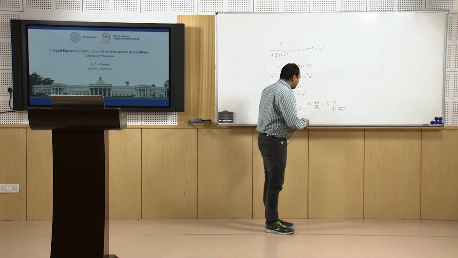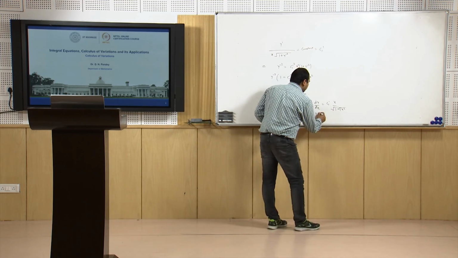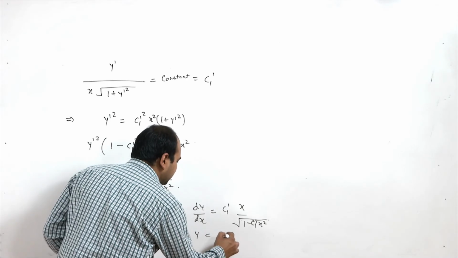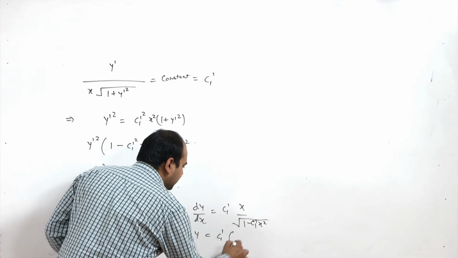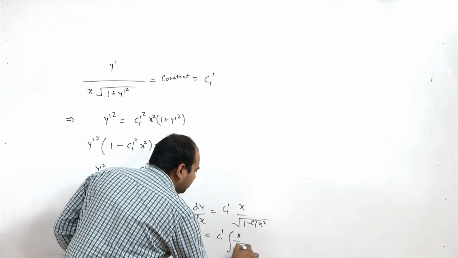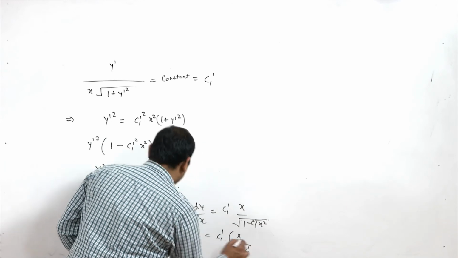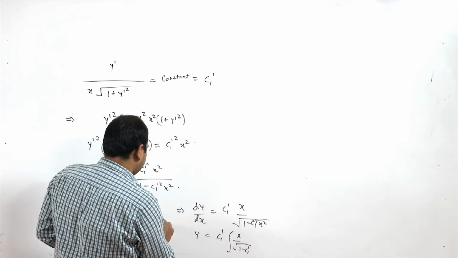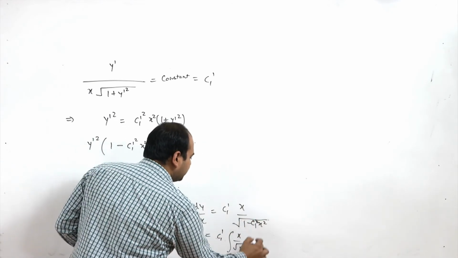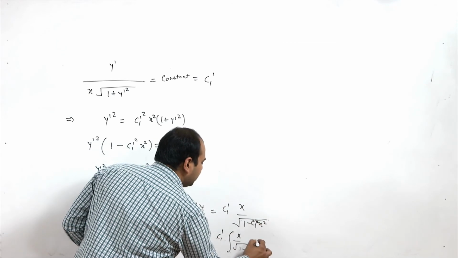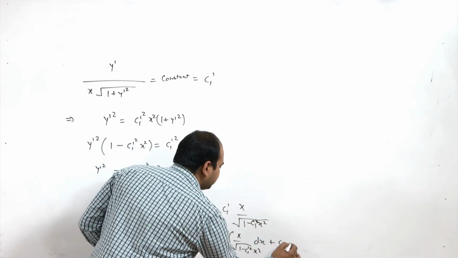So y is equal to the integral of C1 dash x upon under root 1 minus C1 dash square x square dx, plus C2.